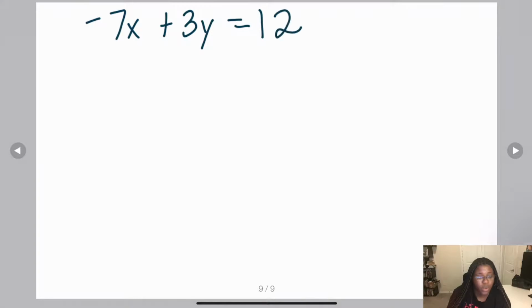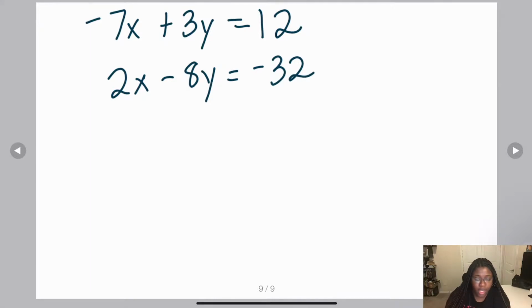So there's my first equation. And then I have my second equation, which is 2x minus 8y, which is going to equal -32. That's the problem I have.